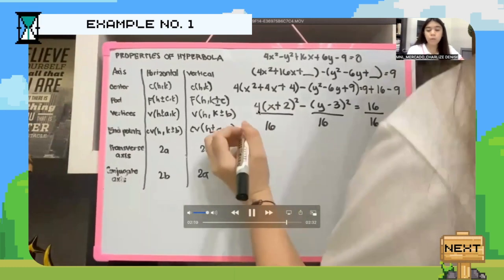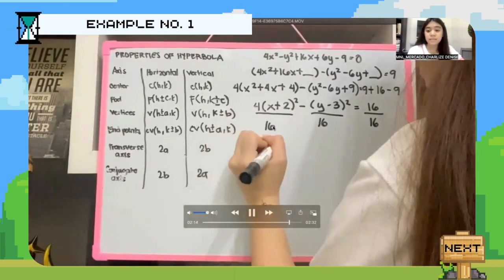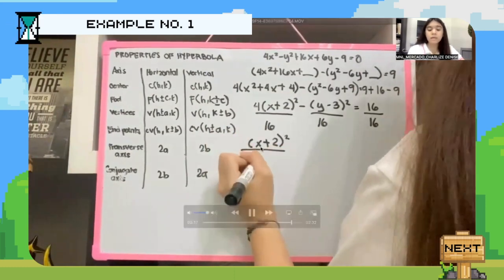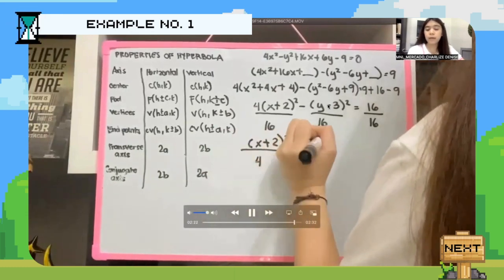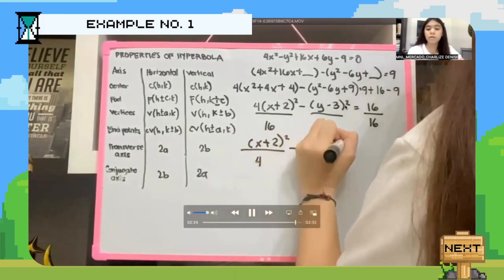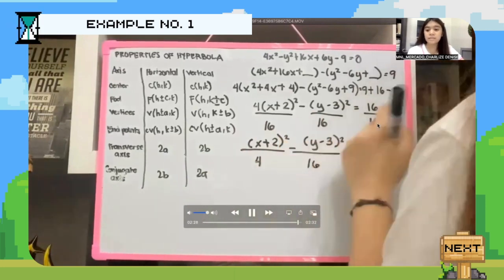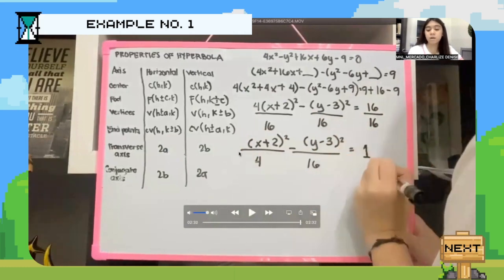So we will simplify this part: 4 divided by 16 is, and so we have x minus 2 quantity squared over 4 minus y minus 3 quantity squared over 16, and 16 over 16 is equal to 1. So here, this is our final answer for the standard form of the hyperbola.